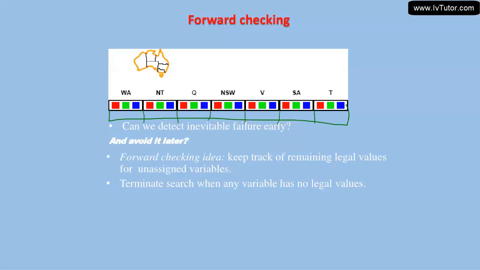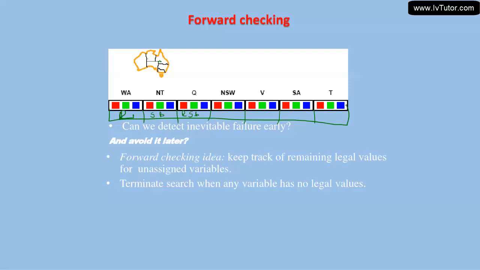If Western Australia is assigned red, what's going to happen to the others? Northern Territory will now have two options: green, blue. Queensland, which is this one, used to have three: red, green, blue.